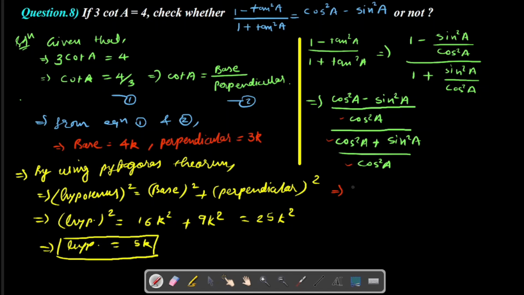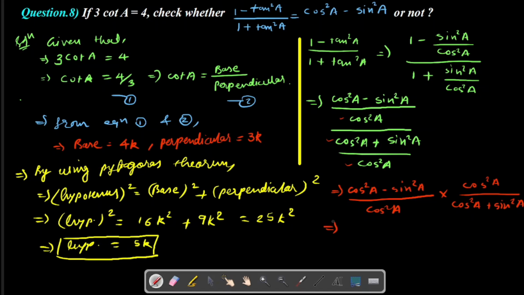So we will get cos square A minus sin square A upon cos square A, multiplied by the reciprocal. The denominator becomes the numerator and the numerator becomes the denominator. So here cos square A upon cos square A plus sin square A, right?